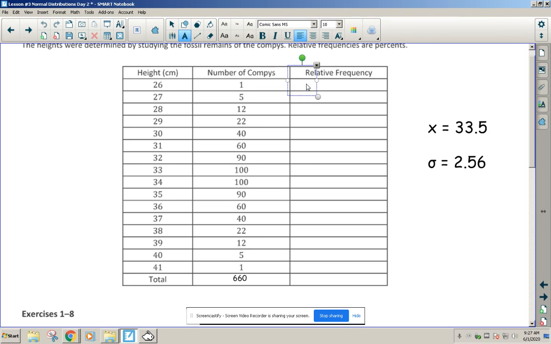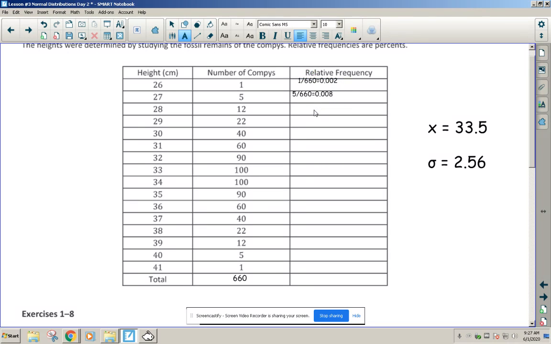This would now be 1 divided by 660. And then you do that on the calculator, and that equals 0.00, rounding to the thousandth, 2. And you get to the next one. This percent is going to be 5 divided by 660. And then that would be 0.008.